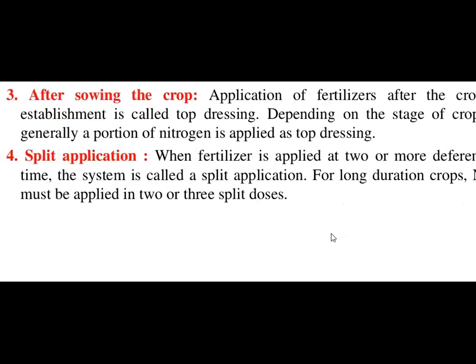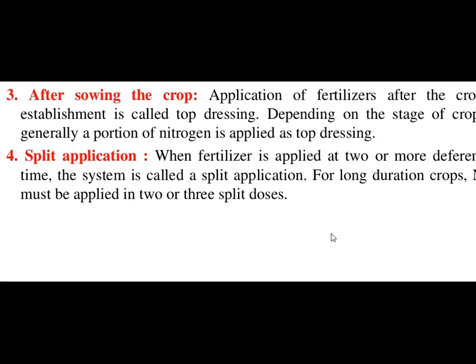The next, after the sowing of the crop, application of fertilizers after the crop establishes is called top dressing. Depending on the stage of crop, a portion of nitrogen is applied as top dressing. One-third dose of nitrogen is applied at the time of top dressing.